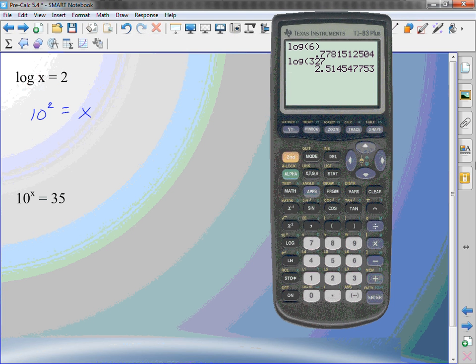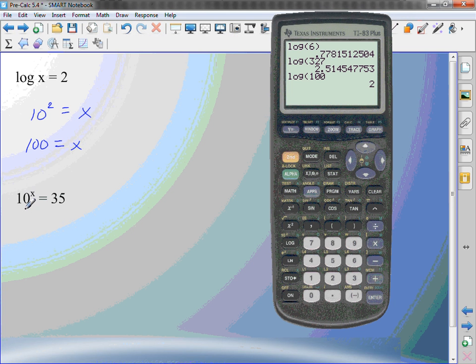Changing from log to exponential, it is always base, exponent equals the answer. It's rearranged. 10 squared is what? 100. And that's what 2 is. The log of 100 is 2.